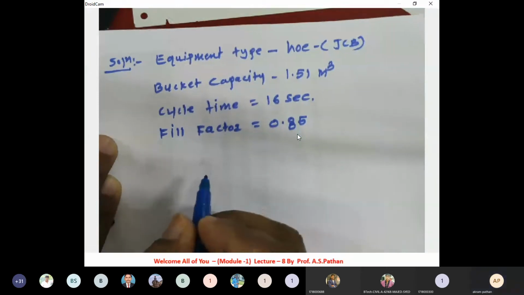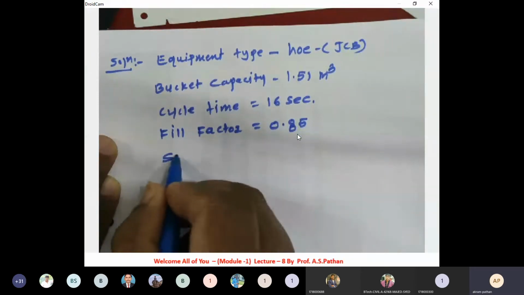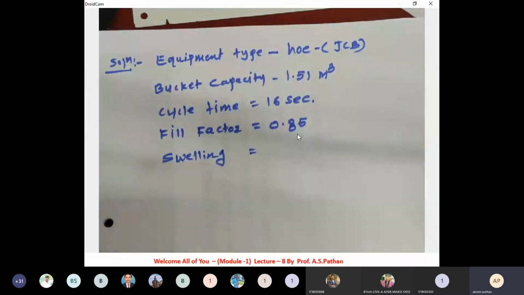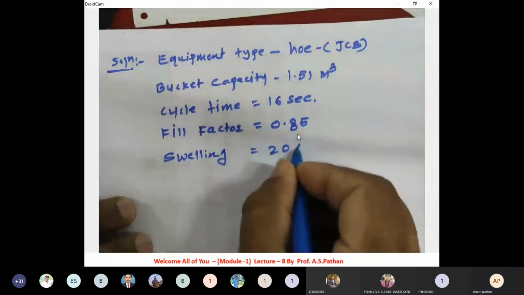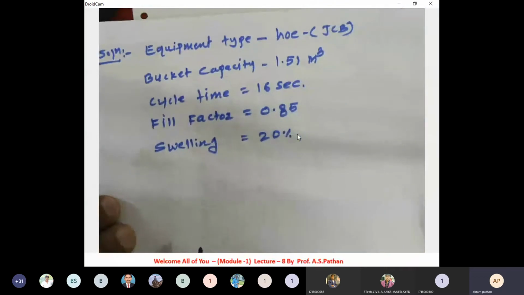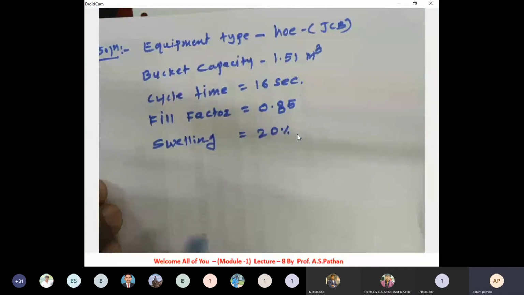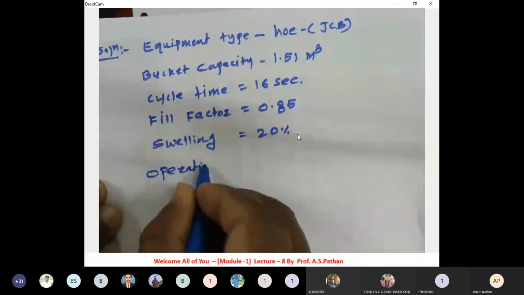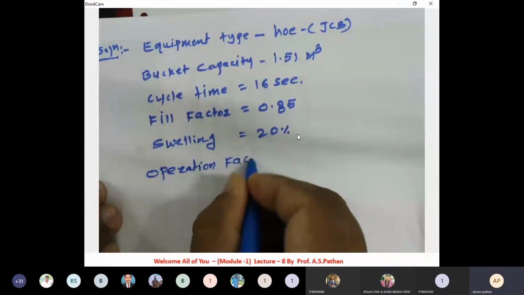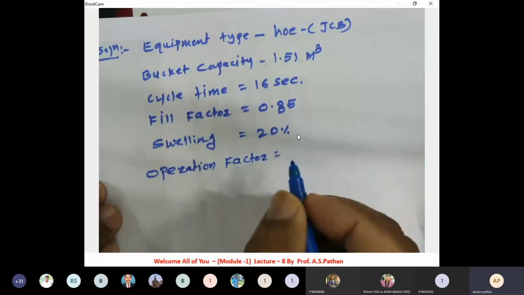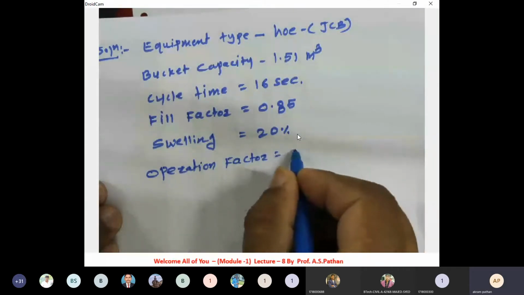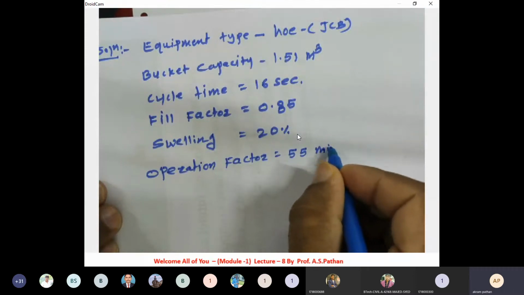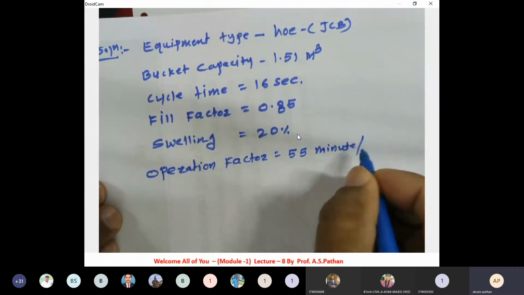Then the swelling of the soil in percentage is given, 20% swelling. Then the operation factor is 55 minutes per hour.